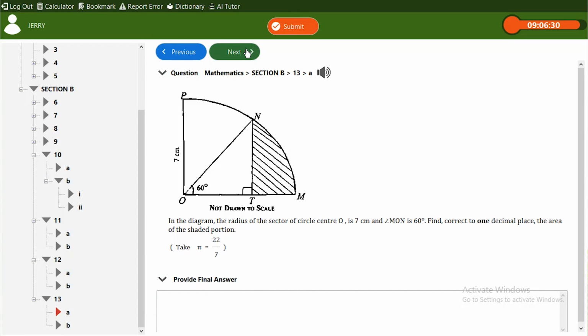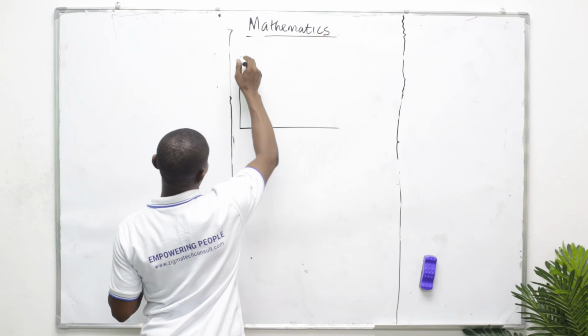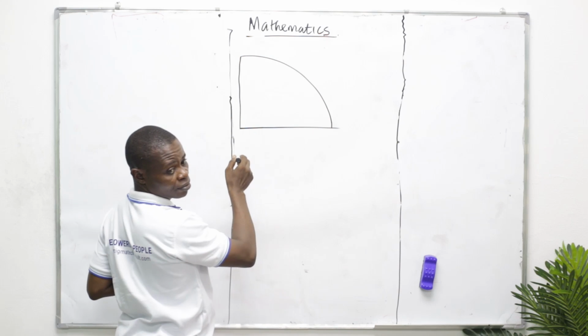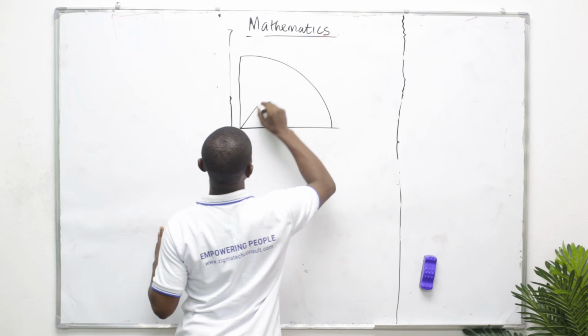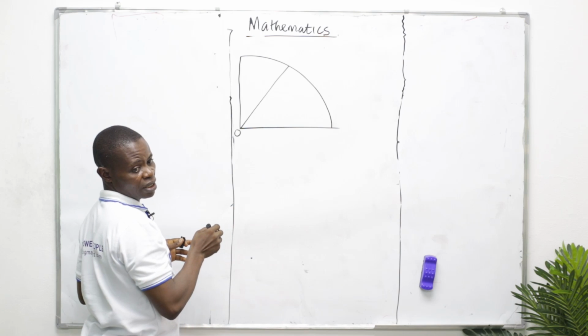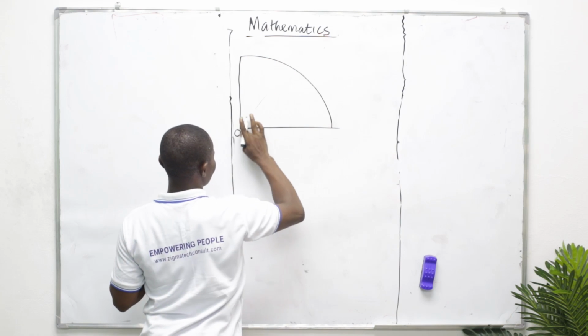If this is a radius 7 cm, let me draw so that you can get what I'm saying clearly. We are not manufacturing anything, okay? This is what we have. This is O, meaning whenever you see O, it's trying to indicate that a radius has existed.